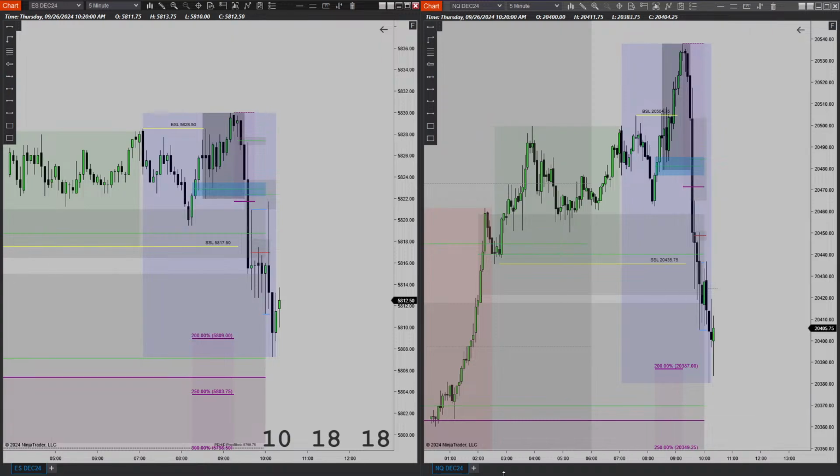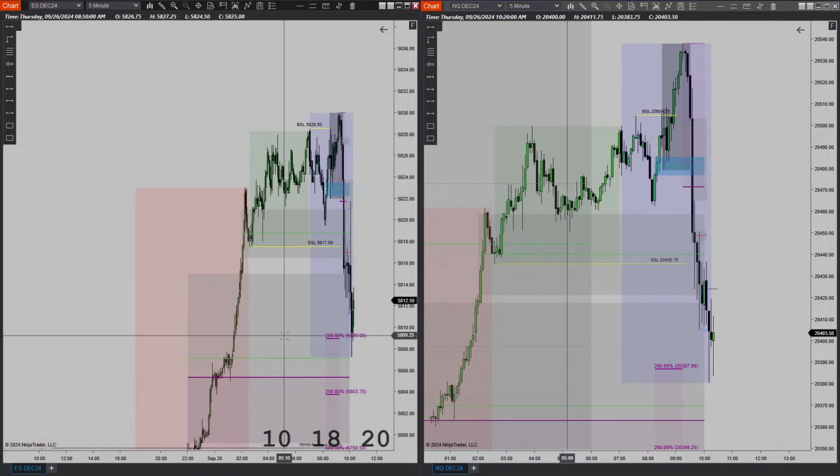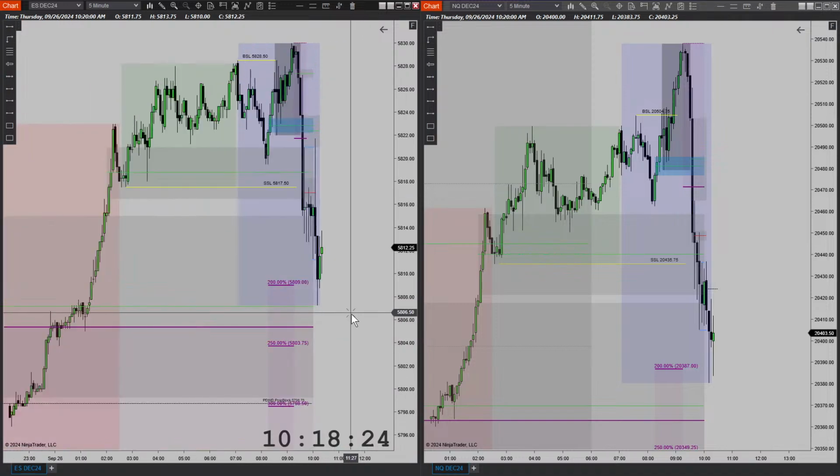Ooh, I just realized this one traded into consequent encroachment of this gap. Okay. Alright, so it makes sense that price is drawing higher now. Price bounced off of it.